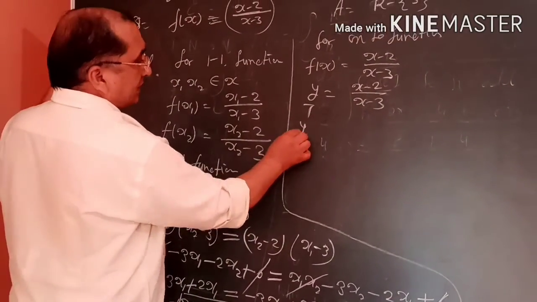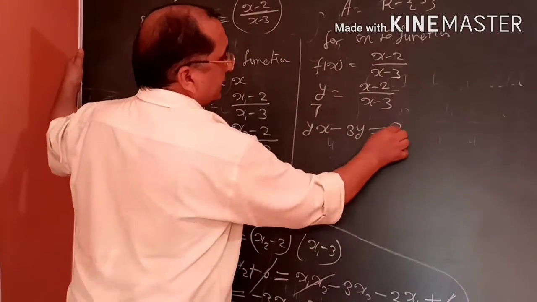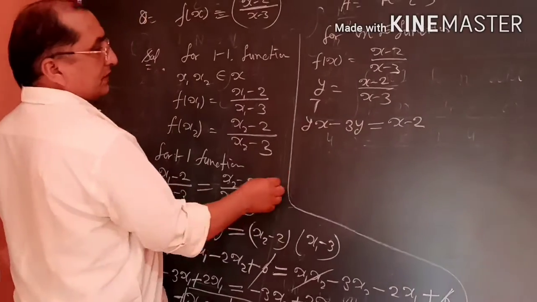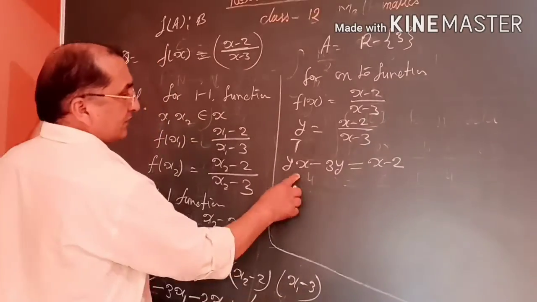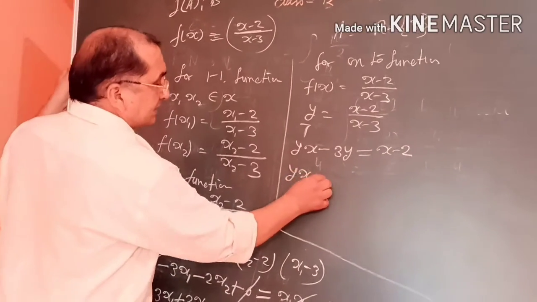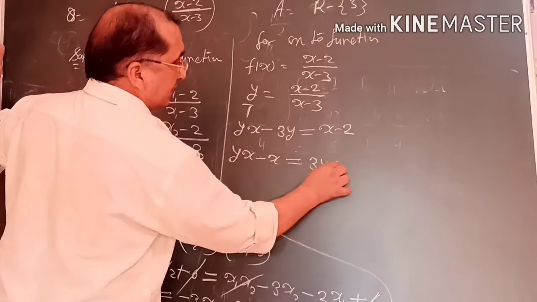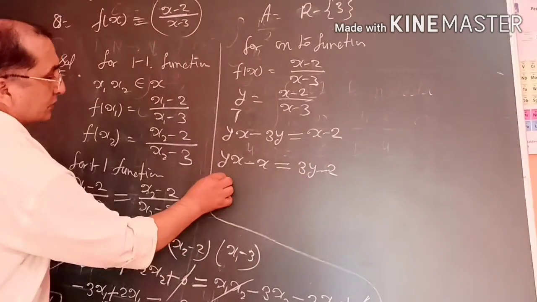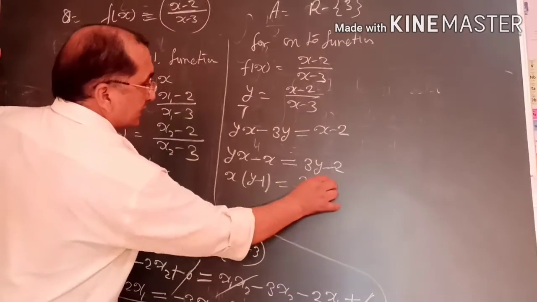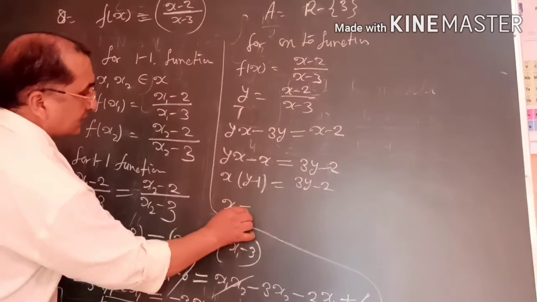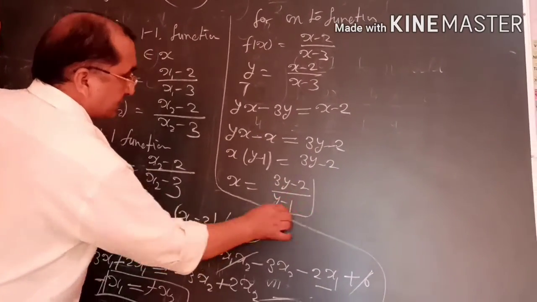Cross multiplication, yx minus 3y equal to x minus 2. Now we have to solve this for x. So yx minus x equal to 3y minus 2. So x is common, x times y minus 1 equal to 3y minus 2, hence x equal to 3y minus 2 upon y minus 1 will come.